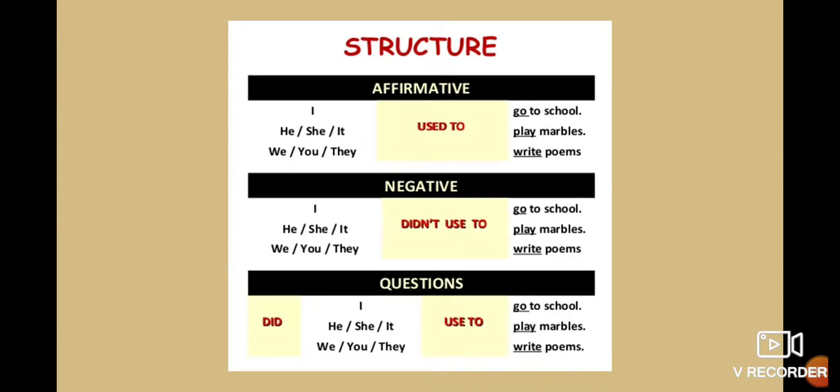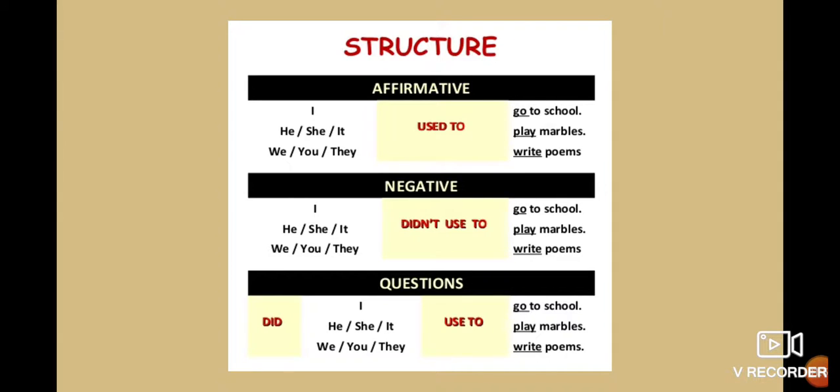past. Then we have the negative structure, where we have the pronoun or the subject. Then we have the structure didn't, used to, and the complement. Okay, check this one. In affirmative statements, you use used to, in past. If you notice the word use, you add a D at the end, because this one is in past.